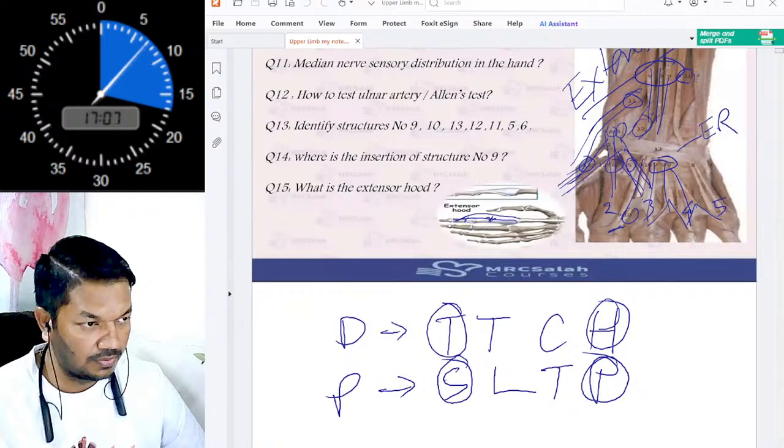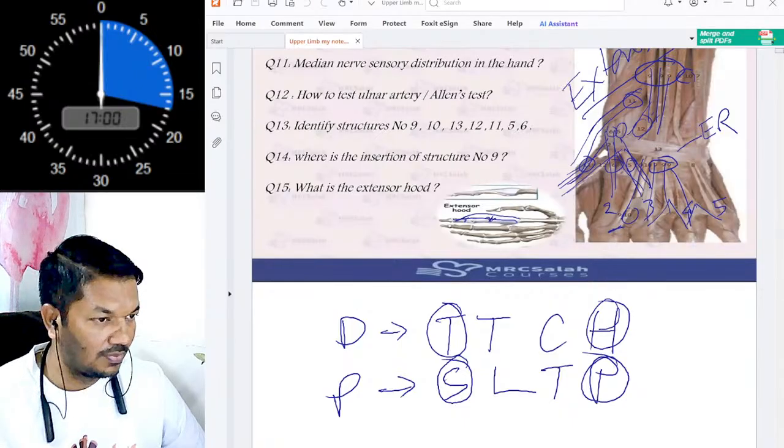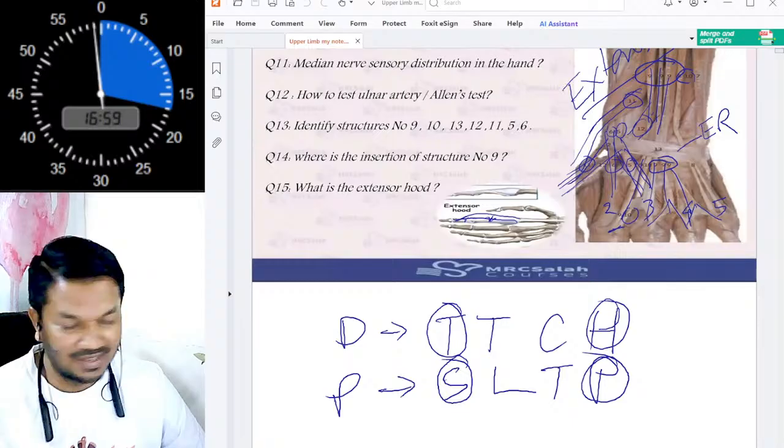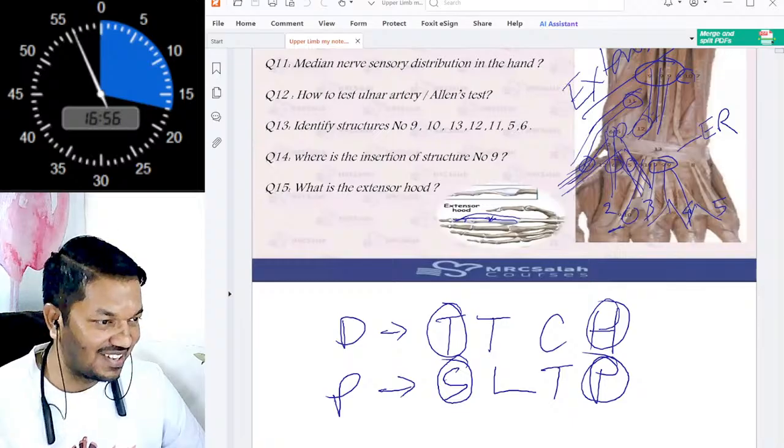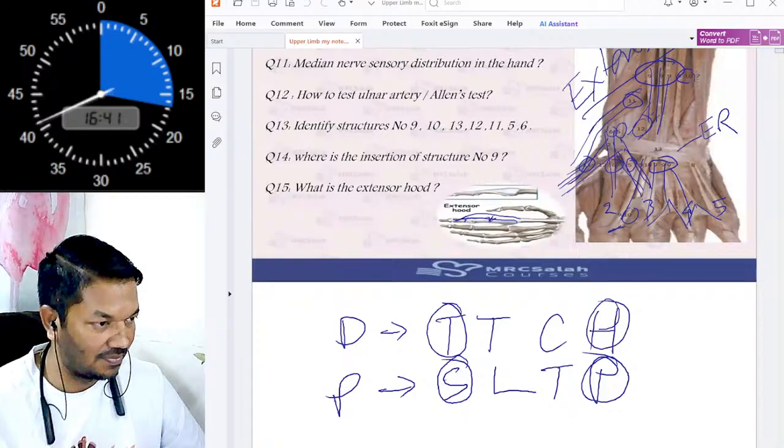Doctor last... the thing is actually consistency. The main impact of this MRCS is that when you are consistent, your flow will come by itself. So when you're consistent, these things easily come.